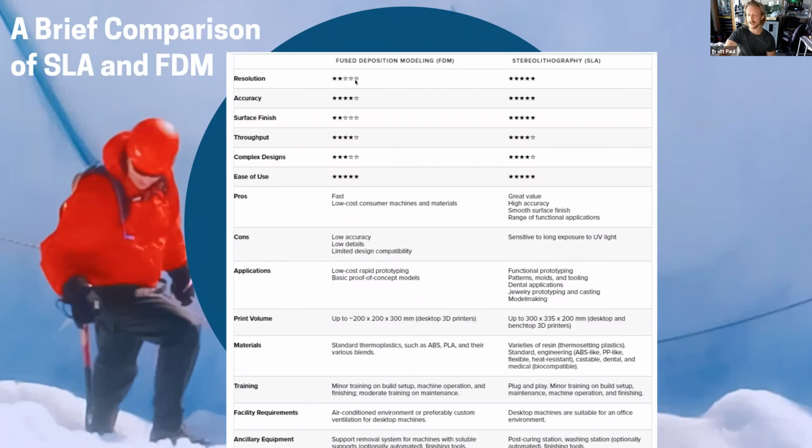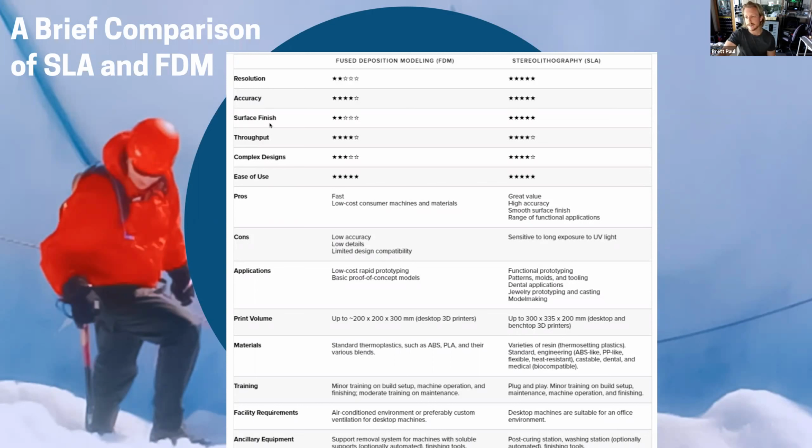Not to mention the nozzle diameter of most FDM printers is in the 200 micron range. So you're an order of magnitude coarser, or less defined, with FDM than with stereolithography.